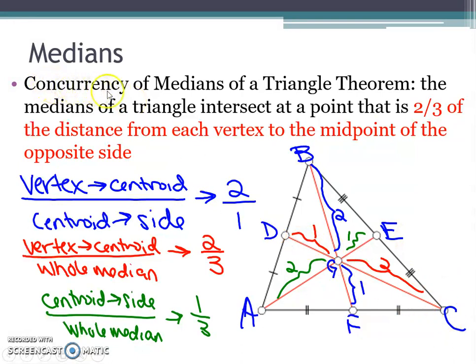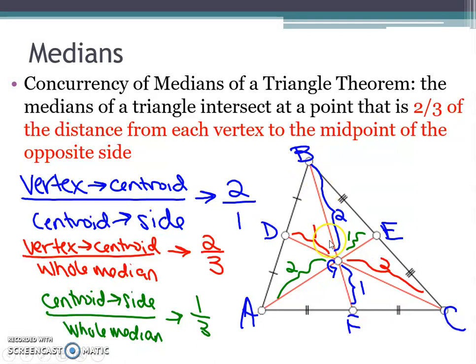So the concurrency of the medians of a triangle theorem says the medians of a triangle intersect at a point that is 2/3, right here, 2 out of 3 of the distance from each vertex to the midpoint of the opposite side.